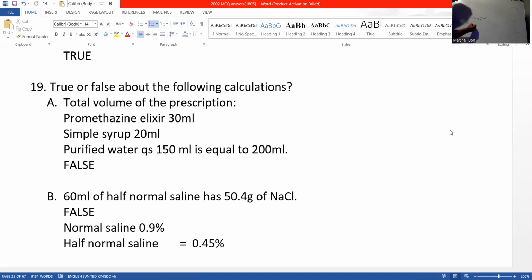Half normal means 0.9 divided by 2% weight by volume, that is 0.45%. So that is correct. No, sorry. The answer is false here.